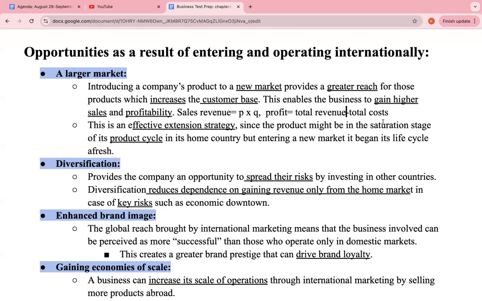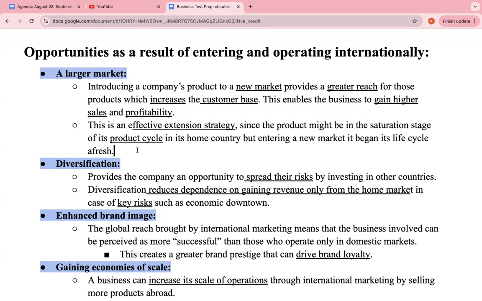You need to get it that way. Sales revenue is basically total revenue. So once quantity increases, sales revenue increases. Once sales revenue increases, then profit increases as well, right?